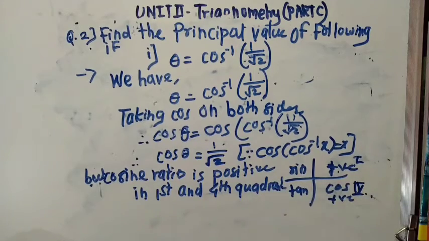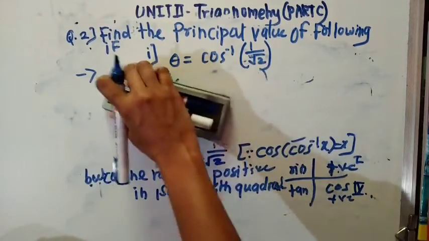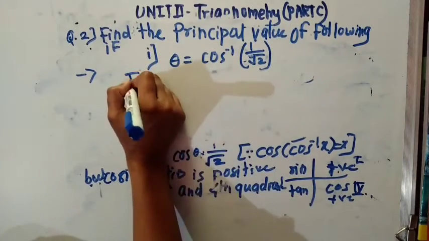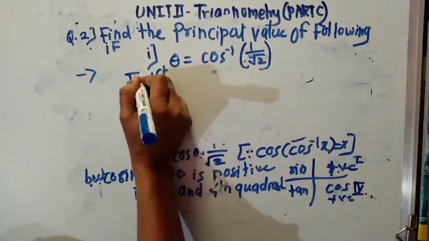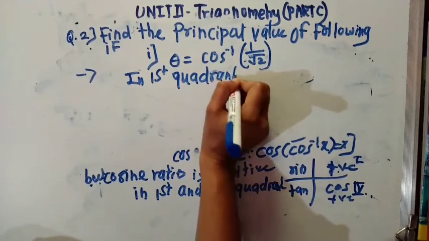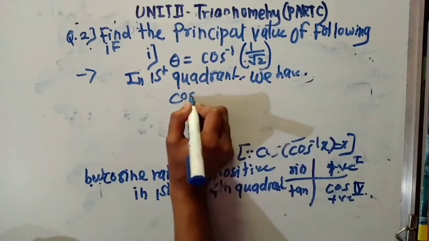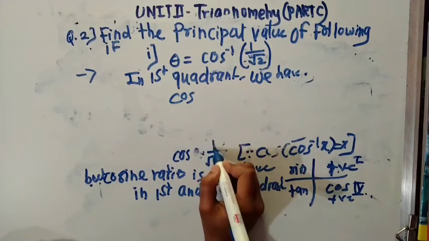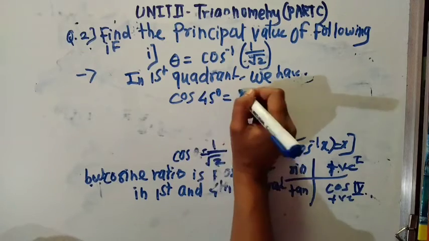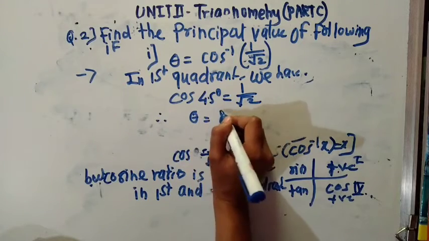So first quadrant मध्ये cos theta, so in first quadrant we have cos, which angle is 1 upon root 2. Cos 45 degree is equal to 1 upon root 2. Hence theta is equal to 45 degree.